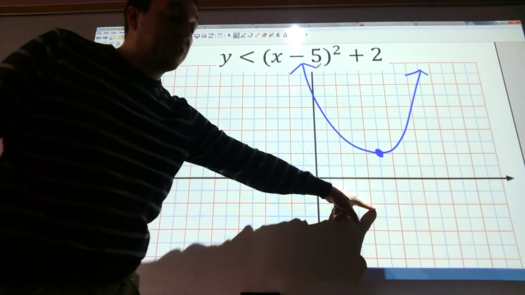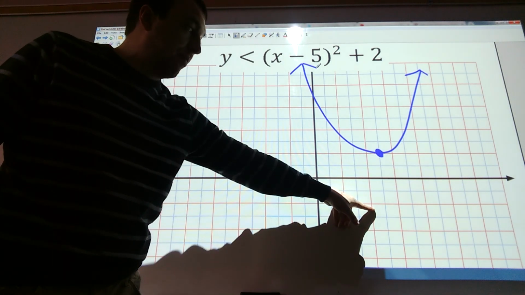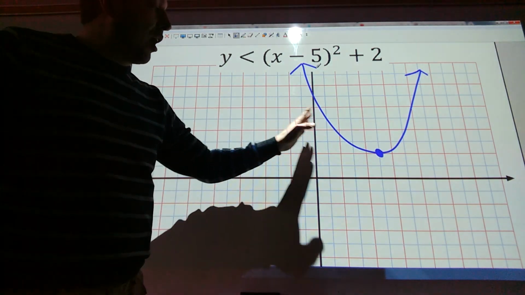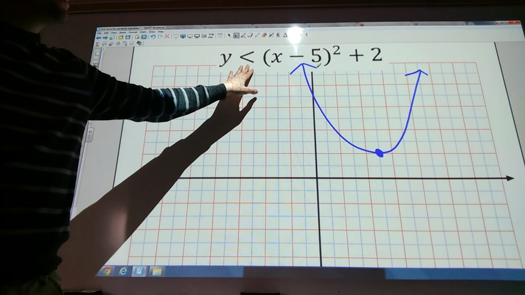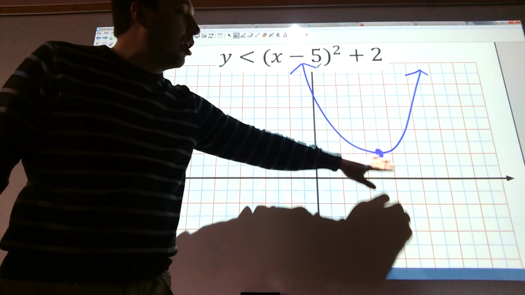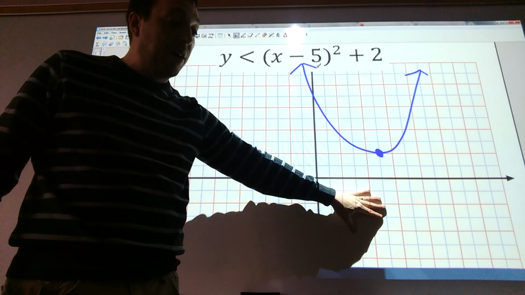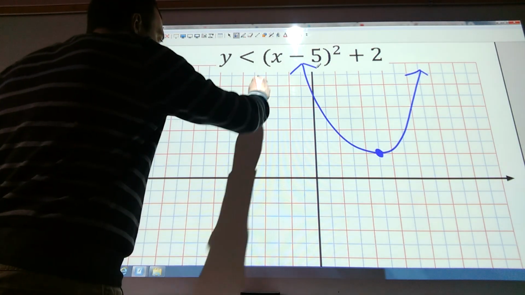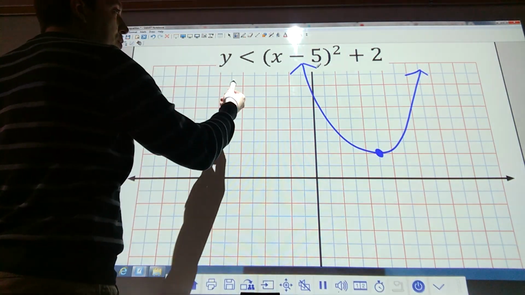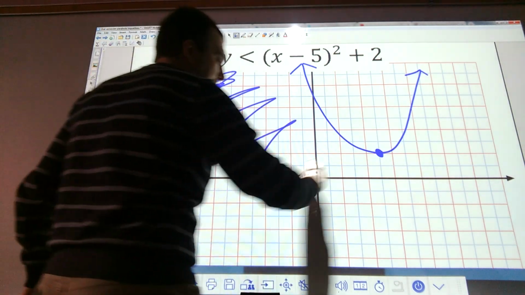Below turns out to be on the outside of the parabola. So again, we graph our parabola. Then we look. It's less than. We go below the vertex. Sometimes it's in the parabola, but in this case, when I go below the vertex, it's on the outside. So I want to shade. Shade the outside.